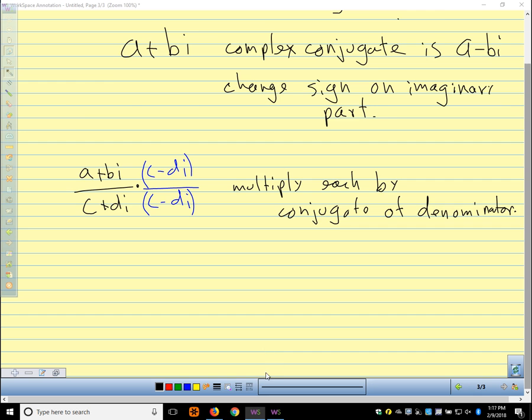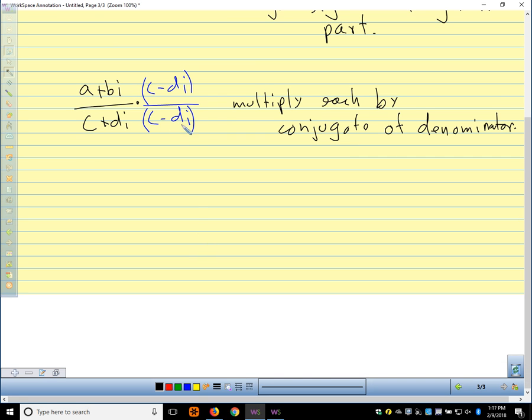So nice things happen when we multiply a complex number by its conjugate.